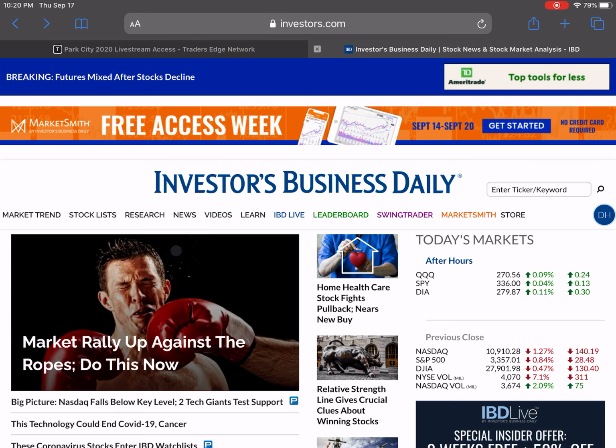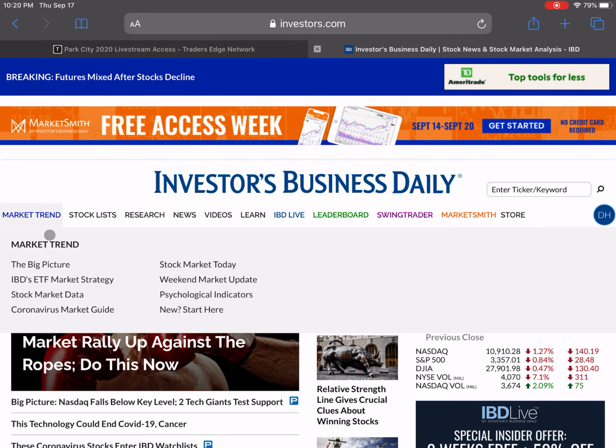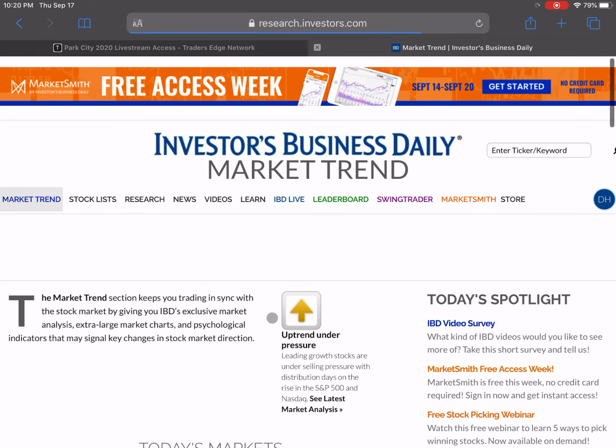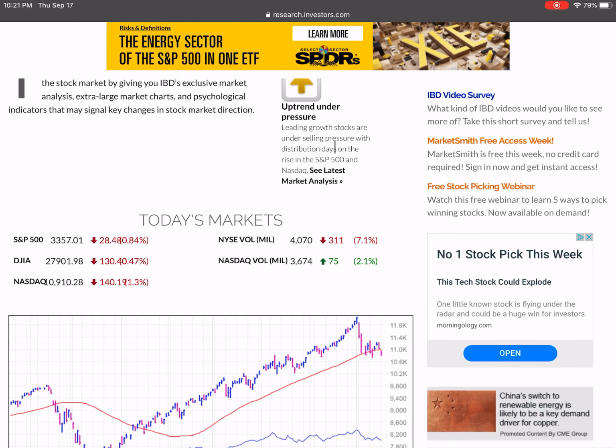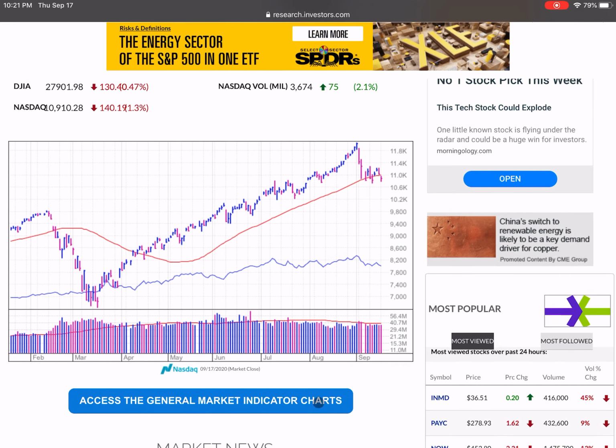Once you're here, you're going to click on Market Trend, and then if you're on your phone or your iPad, you got to click on the word Market Trend here again to get this page to show up. The first thing you'll notice is it'll either say uptrend under pressure, or downtrend. I don't know if it says downtrend under pressure or not, because downtrends usually don't happen as long as uptrends.